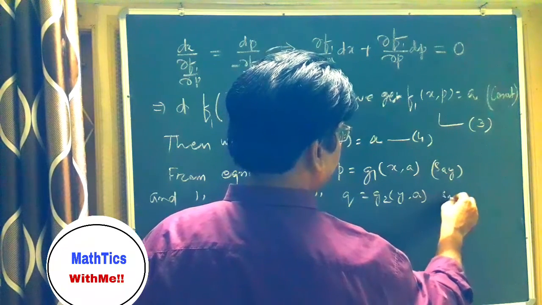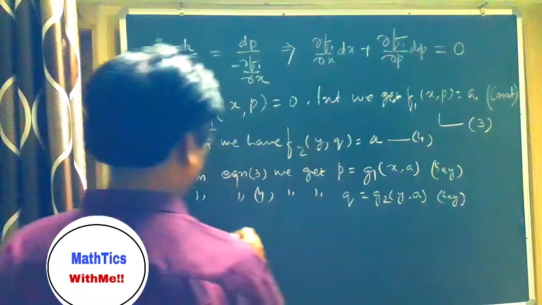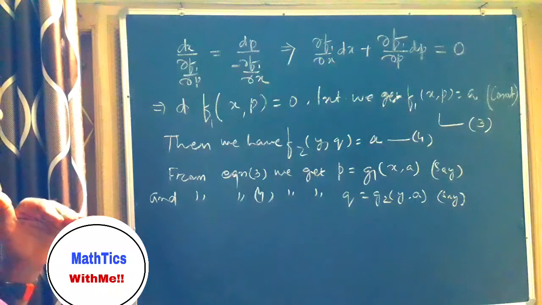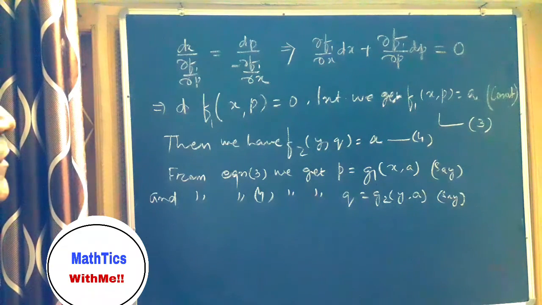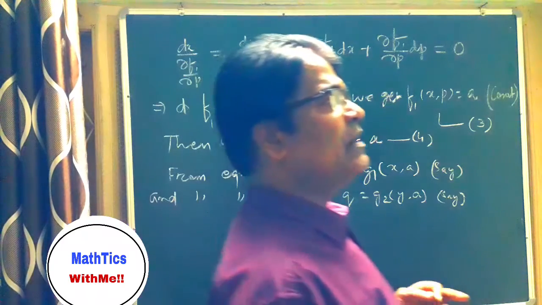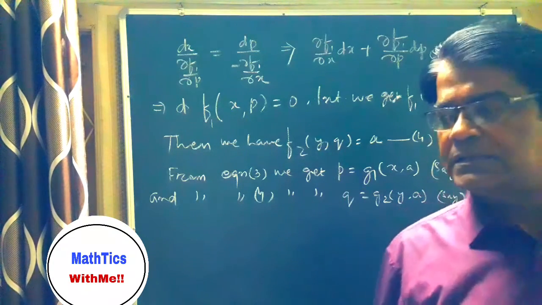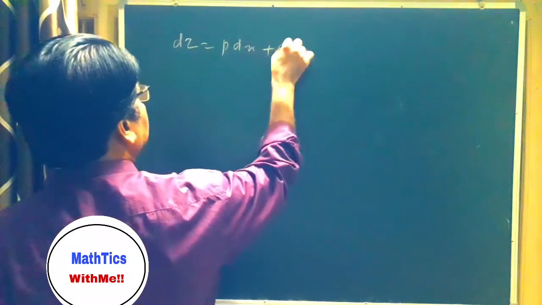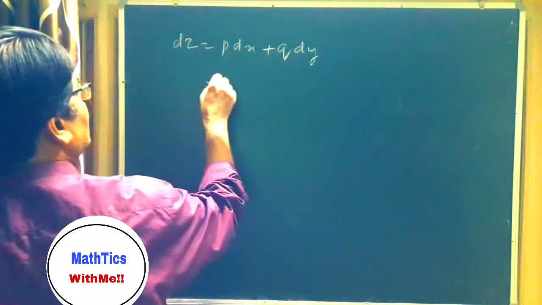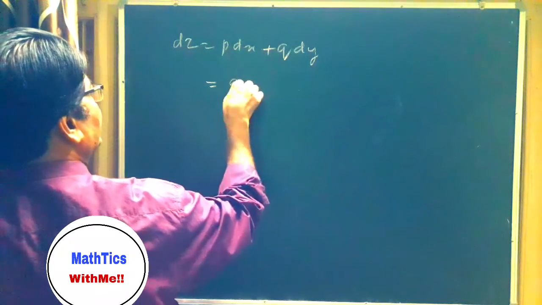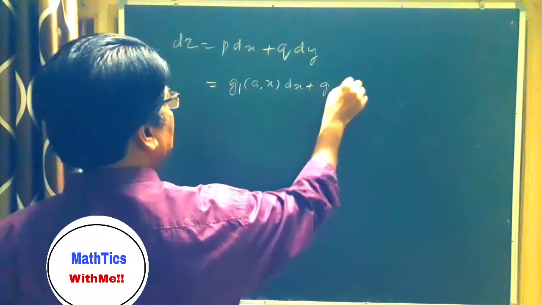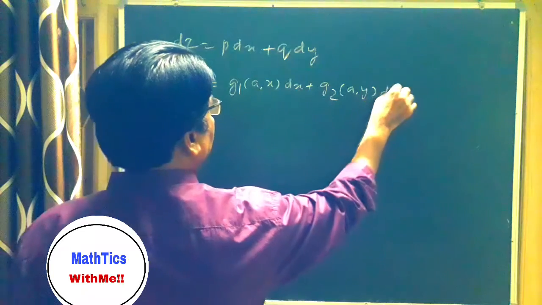So we are getting the values of p and q now, and we know dz is equal to p dx plus q dy, which is equal to g1 of x, a dx plus g2 of y, a dy.